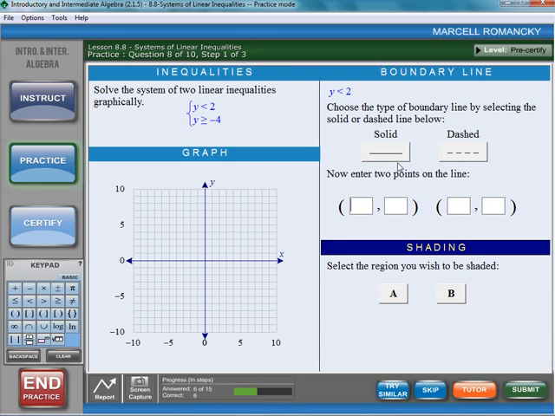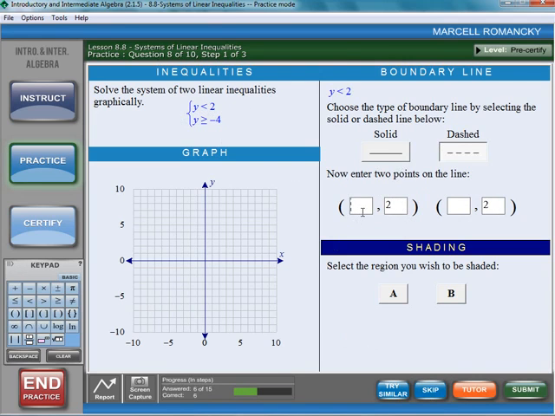In this case, what happens? Do I have a solid line or a dotted line in the first one? It's going to be dashed because there's no equals. Now, if I've got y is less than 2, what does that tell me? Y equals 2. Yeah, it tells me every time I am going to have a 2 for my y value. So what goes in the first part? Does it make a difference?